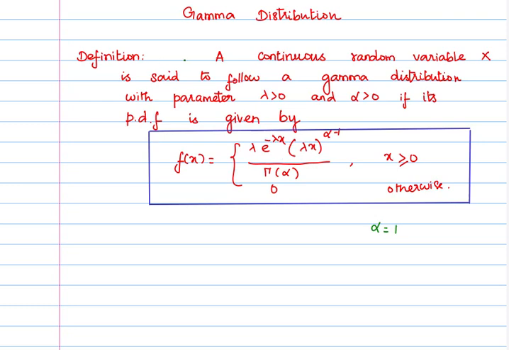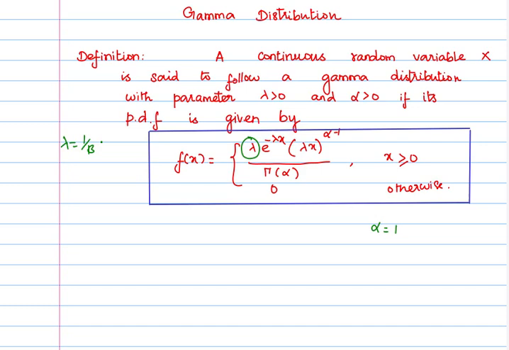Some people instead of lambda choose to say 1 over beta, that is lambda equal to 1 over beta. Some books provide the gamma distribution in that way.